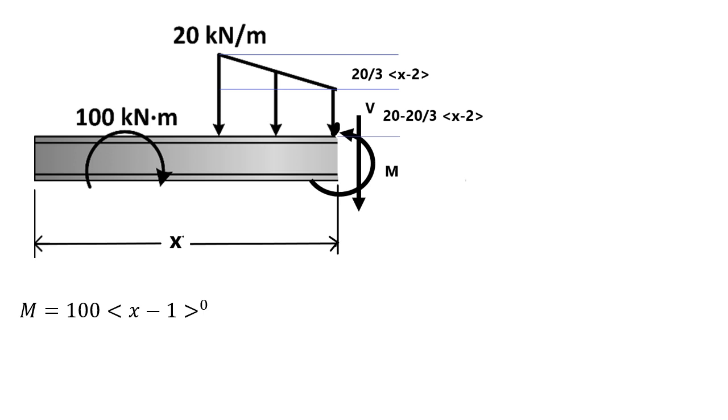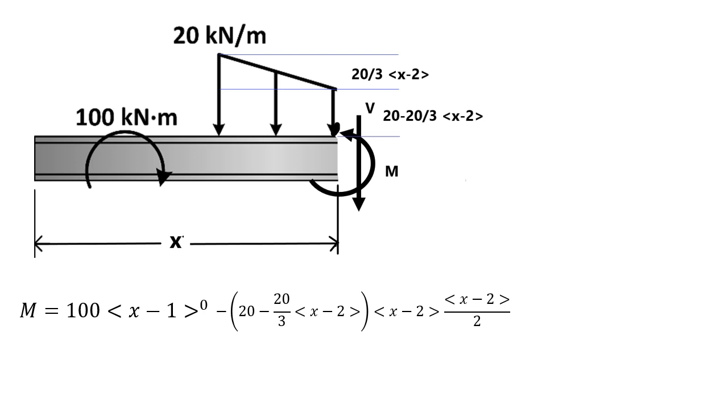So 100 times x minus 1, because your 100 kilonewton meter applied moment is located at x is equal to 1, but you have to raise it to 0 for your applied moment. And then for the rectangular part of your trapezoid, the height is 20 minus 20 over 3 times x minus 2.